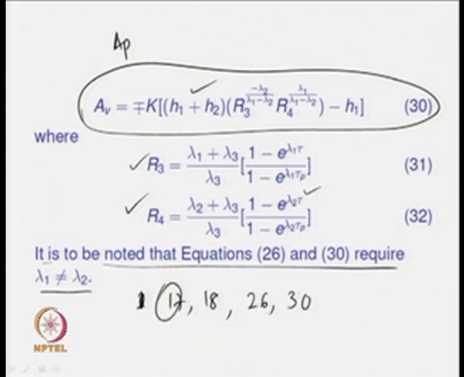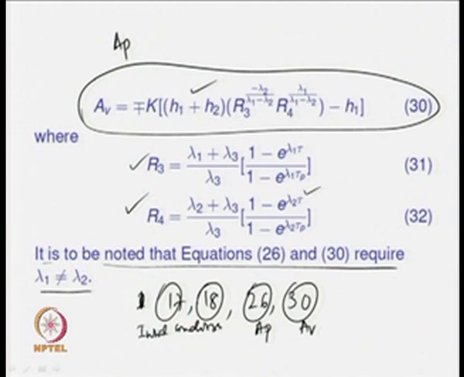These are the 4 expressions we have found for AP, AV, and the initial conditions. So, finally, we have found 4 exact analytical expressions. Using these, it is possible to estimate the 4 unknowns associated with the transfer function model. Then the question comes, how to solve this set of analytical expressions?